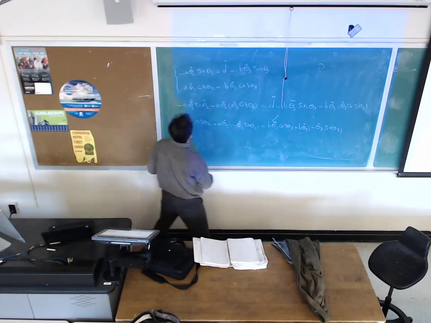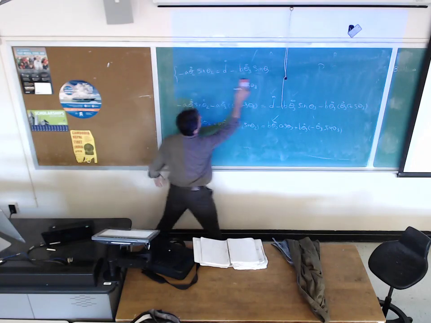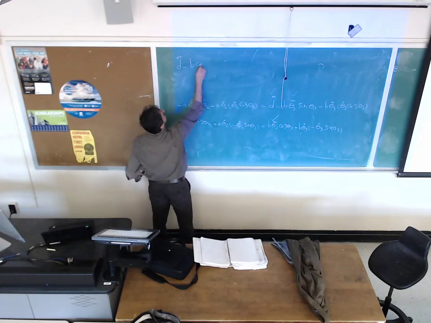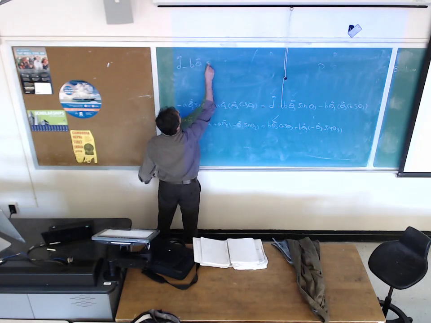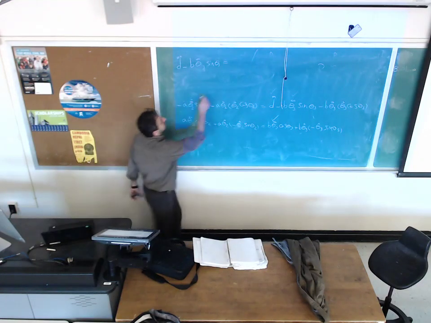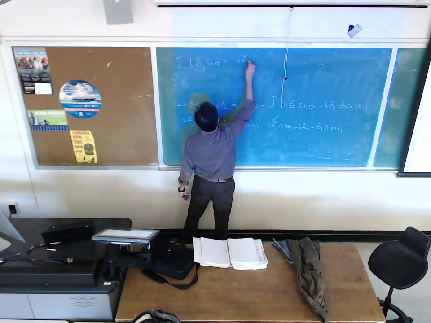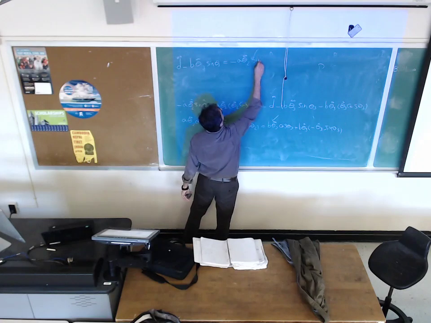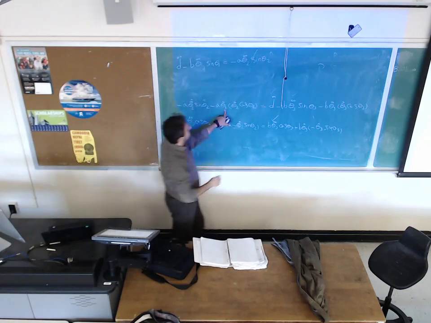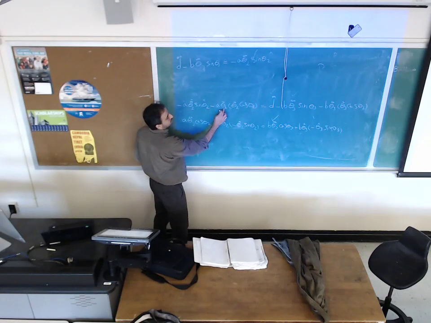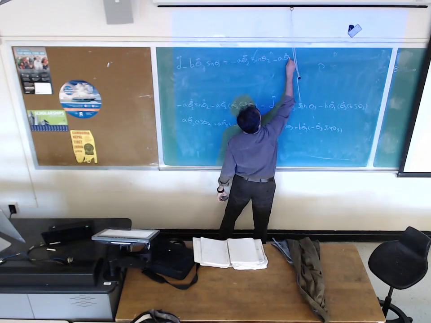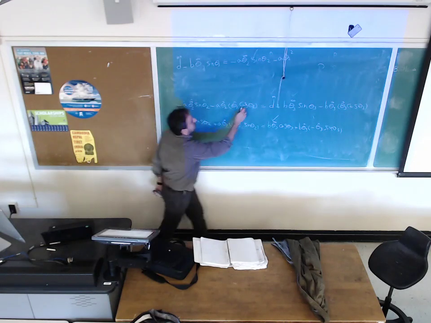So I'm going to get d double dot minus b theta double dot 3 sine of theta 3 equals to this. This one, theta dot 2 times theta dot 2 is going to be theta dot 2 squared, negative A theta dot 2 squared cosine of theta 2.